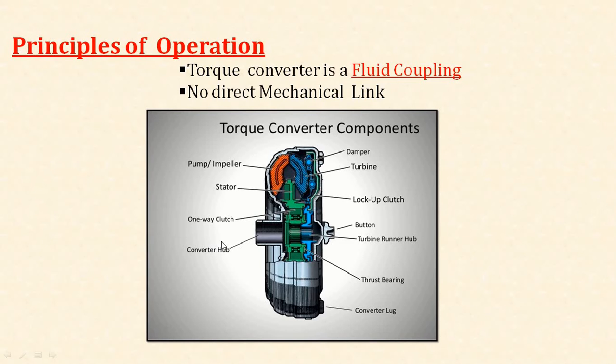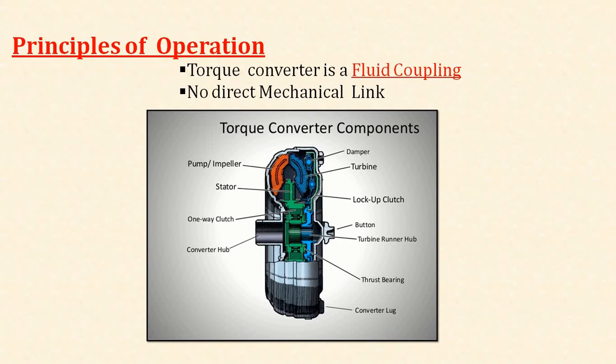Now the figure shows the main components: converter hub, one-way clutch, stator, pump impeller, damper, turbine, lockup clutch, turbine runner hub, thrust bearing, and converter lug.